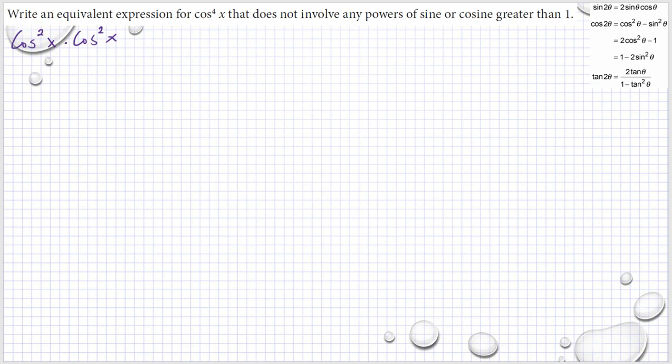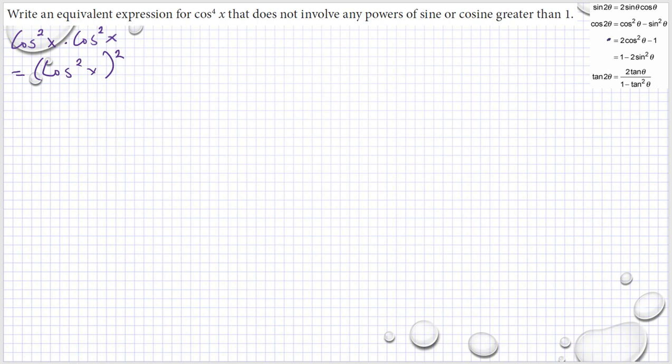Okay, I made some adjustments there so that we have space to solve this. Cosine squared x multiplied by cosine squared x, or we can use this expression, cosine squared x, squared. That's acceptable.